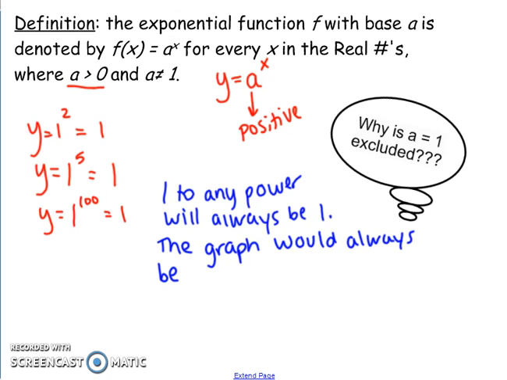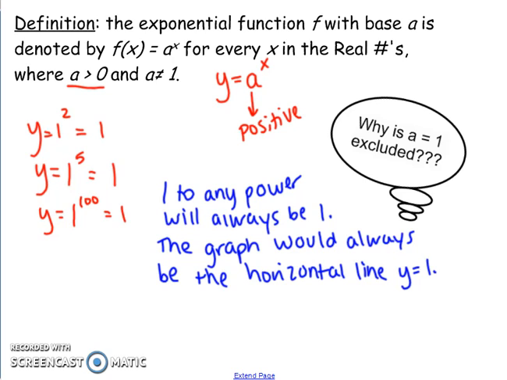So when you have an exponential function, a is never going to be equal to 1.